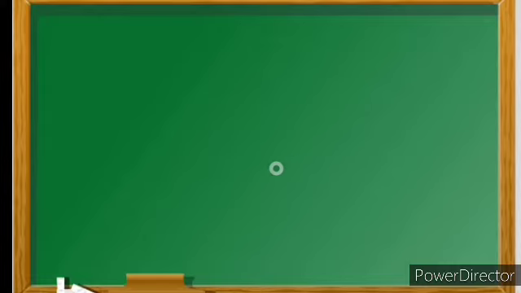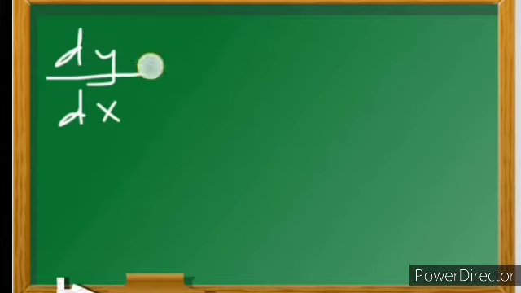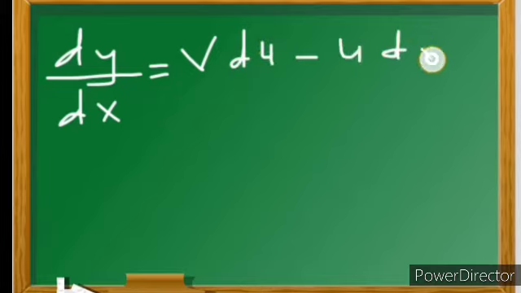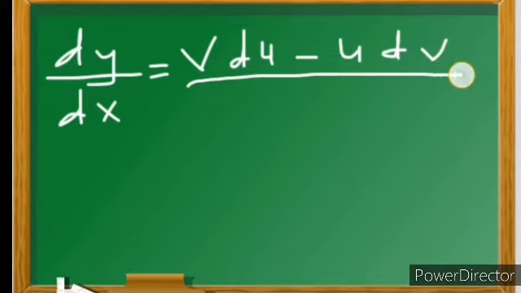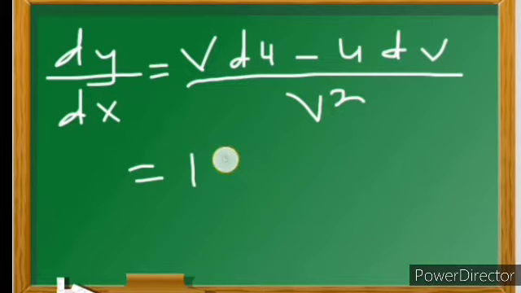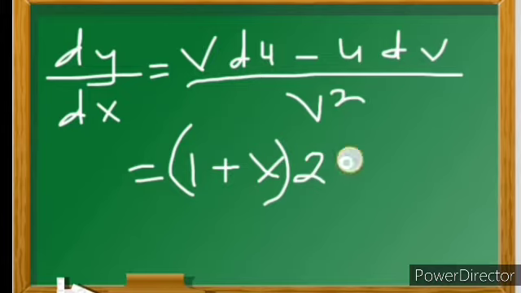So we're going to substitute these solutions we got into the formula for differentiating quotient functions, which is called the quotient rule. dy/dx is equal to v du/dx minus u dv/dx all over v squared. So we're going to substitute v, du/dx, u, dv/dx, and v squared into this above equation. v is known as 1 plus x, while du/dx is 2x.